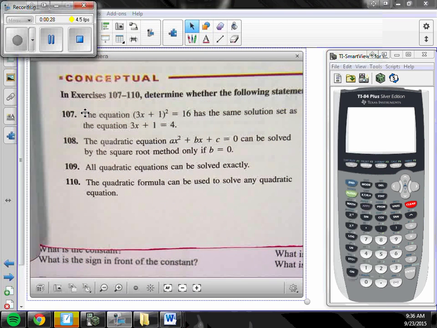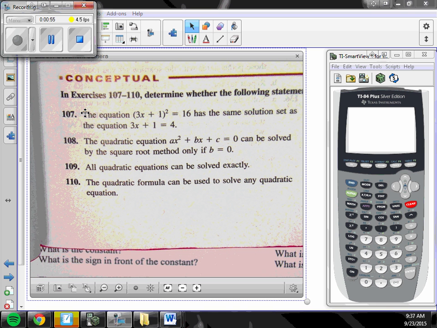Number 107: the equation (3x plus 1) squared equals 16 has the same solution as the equation 3x plus 1 equals 4. So regardless of if this is true or false, how would you figure that out? You could solve them both and see what the answers are.